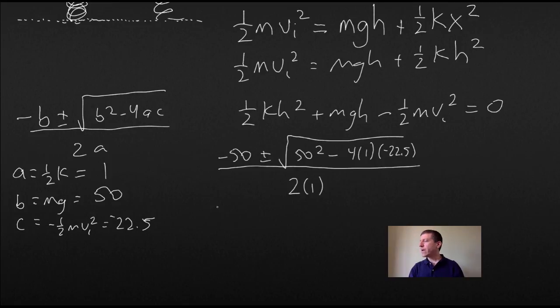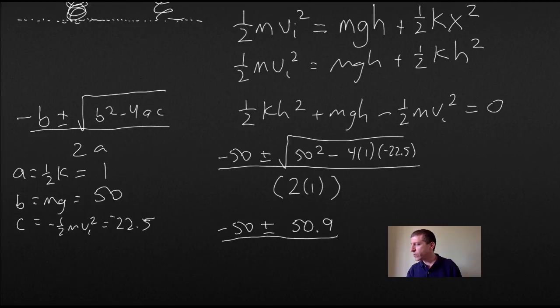Make sure, although it doesn't matter here, whenever you divide by something, make sure that this whole thing's in parentheses on your calculator. When you do this, you find that we get negative 50 plus or minus the expression under the radical, which comes out to 50.9, and this is all over 2.